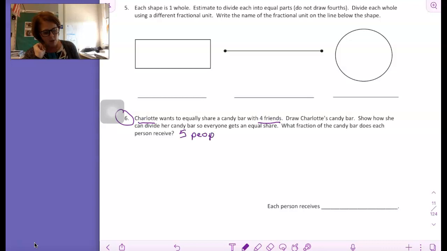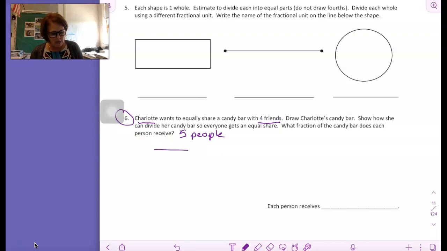You always, always, always need to pay attention to that first sentence to figure out how many people are we really talking about. Draw Charlotte's candy bar. Show how she can divide her candy bar so everyone gets an equal share. What fraction of the candy bar does each person receive?